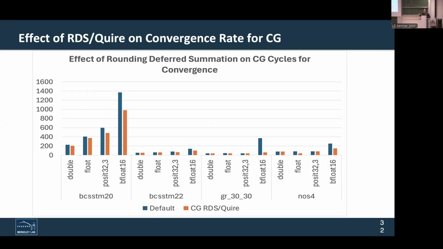One question: which terminating condition is used for CG? That's a good question. For this particular one, we select a termination condition, it's like 10 to the -7, but I don't remember. Some of these we need to work on, because some of the matrices never terminate.